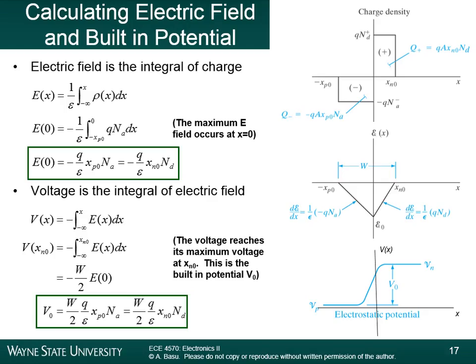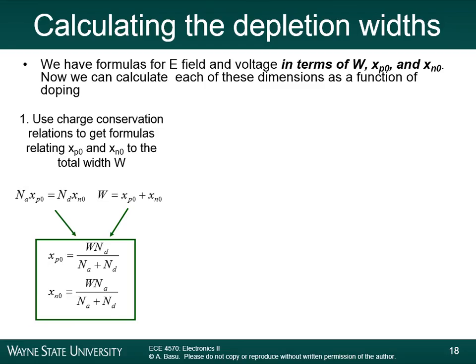If we set those two built-in potentials equal to each other, then we can find out what the dimensions of the depletion region are as a function of the doping densities, Na and Nd. And that's what we're doing in this slide. So we have formulas for the electric field and the voltage in terms of W, xp0, and xn0. So we can calculate each one of these dimensions as a function of doping.